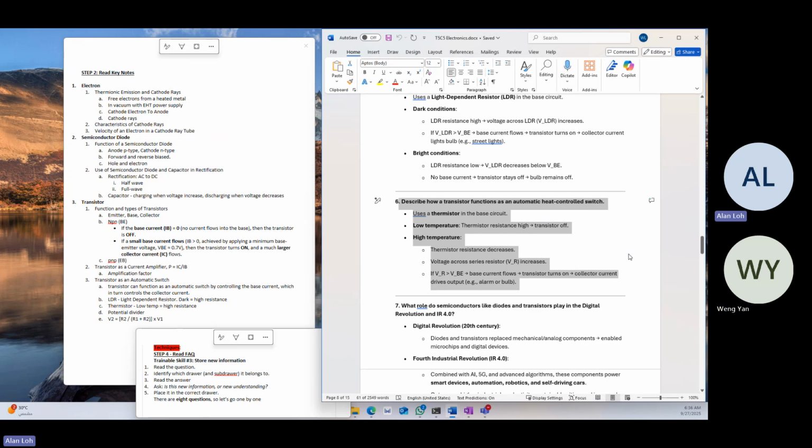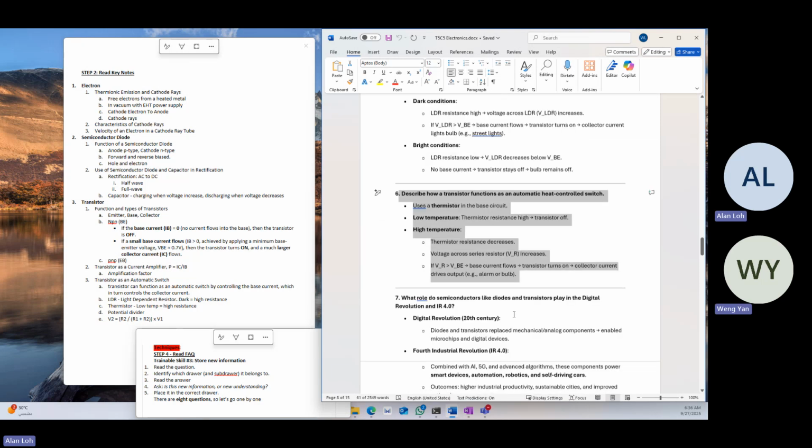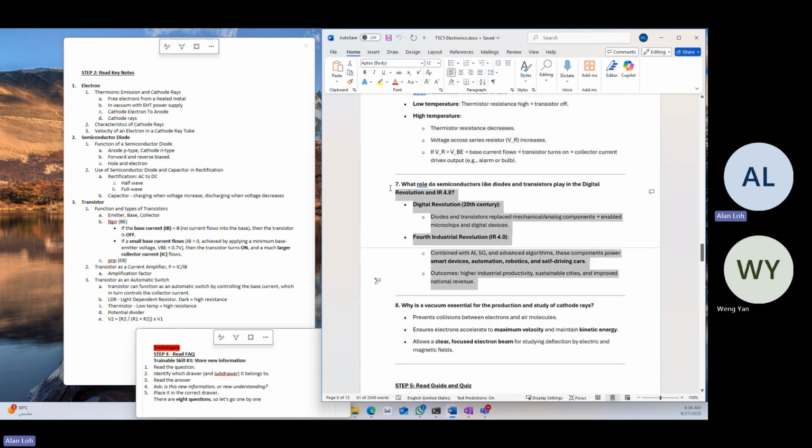That's also a heat control switch. All right, so this is talking about the thermistor. Okay, let's go to question number 7.